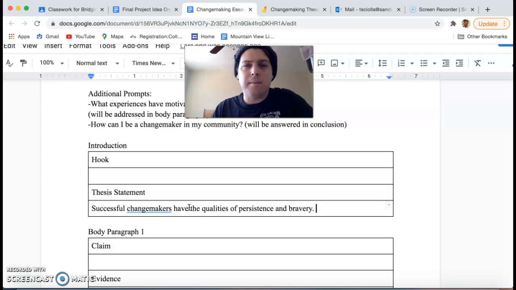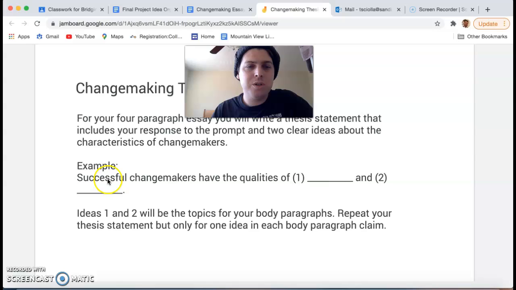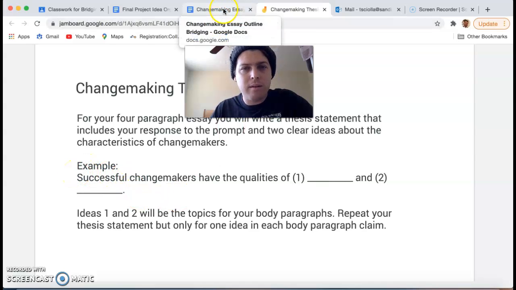That would be my thesis statement. You are totally welcome to use the sentence frame here for your own thesis statement. That is perfectly acceptable. It's really good practice to have a very simple, straightforward, clear thesis statement.